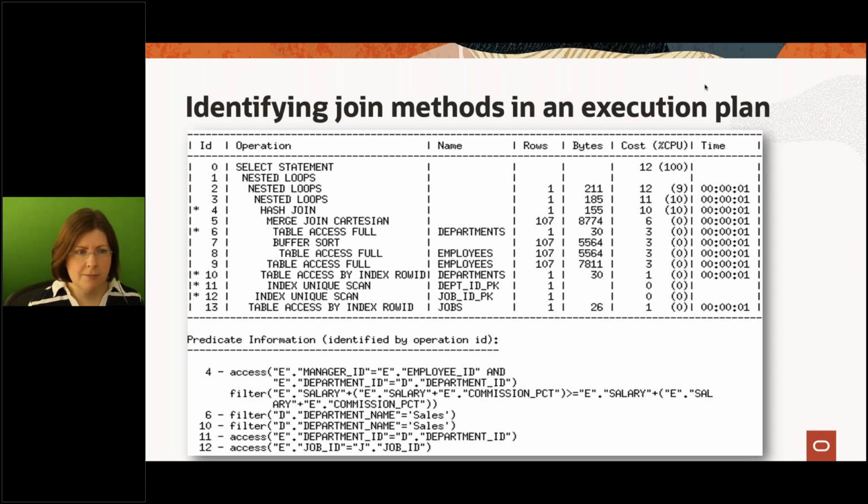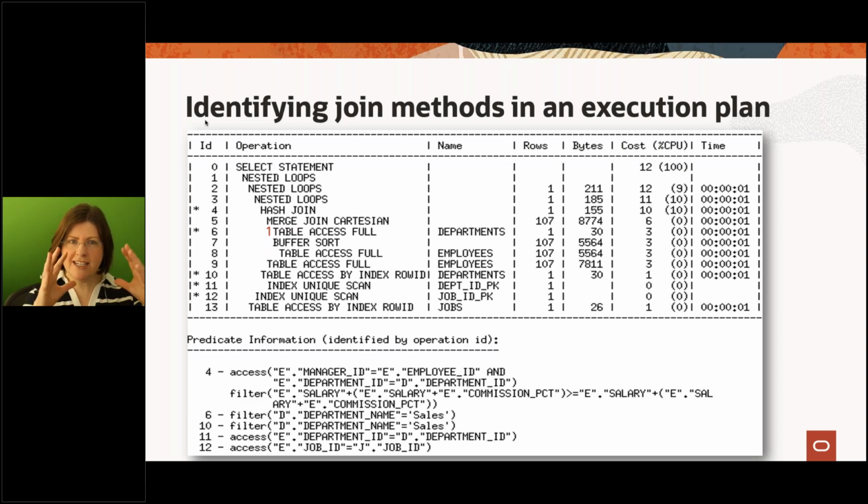If I start at the top at line 0 and work my way down, the first operation in that plan that produces rows without consuming any rows is the table access full on department. So now I know that's the first step.